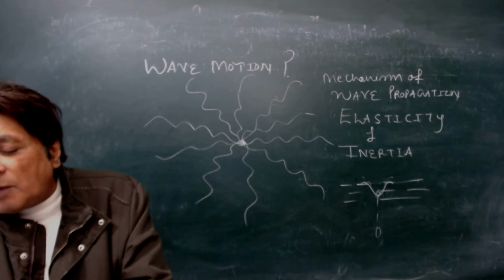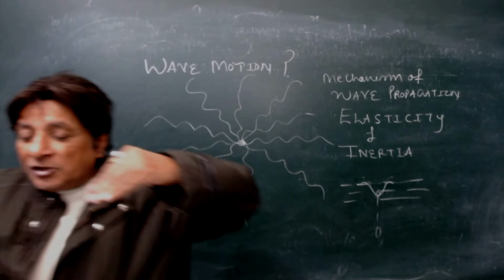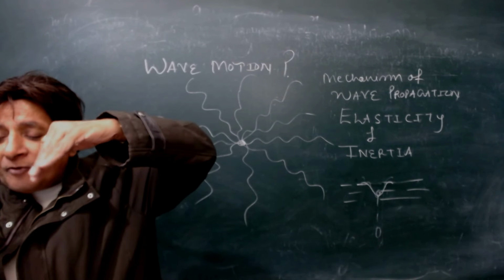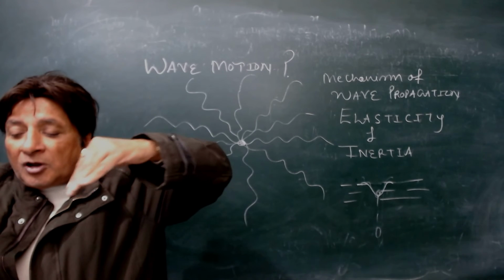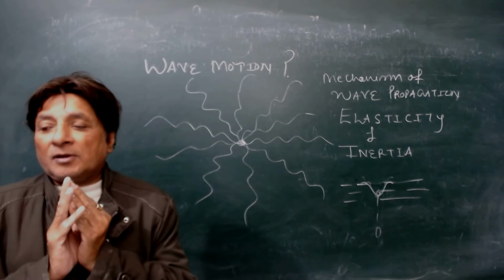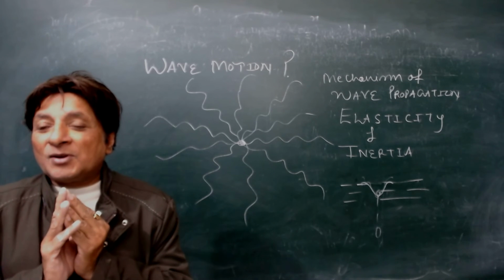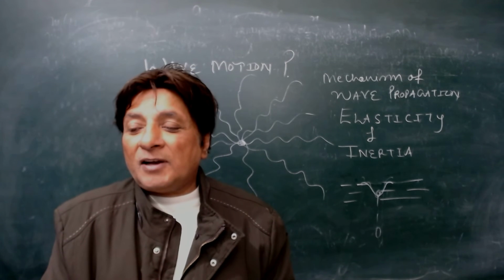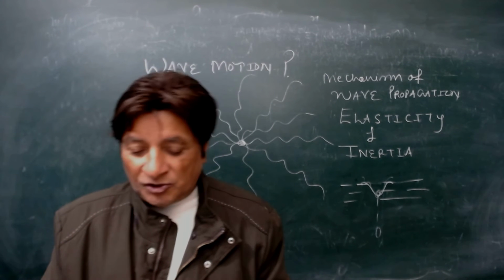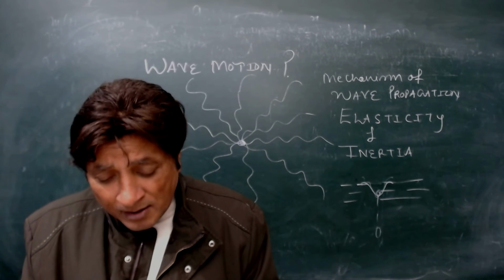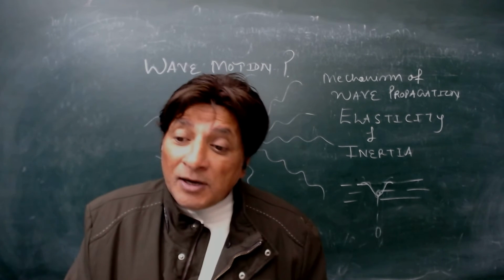Because the water coming from all directions is in motion, due to the property of inertia of motion, it continues to come into the cavity even after it is completely filled. What is that? Inertia.